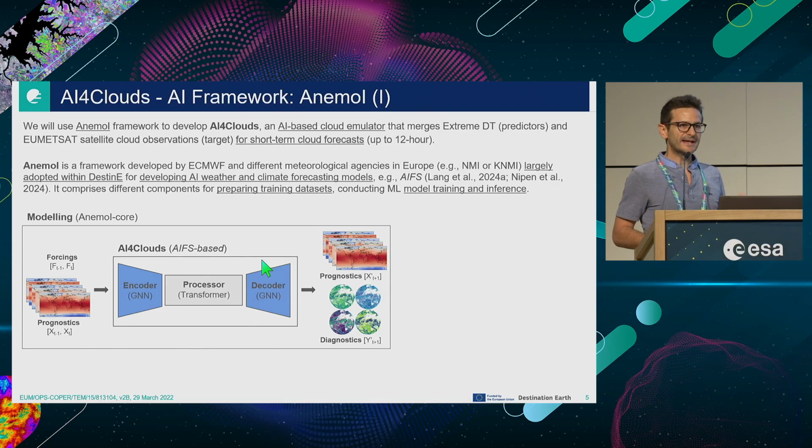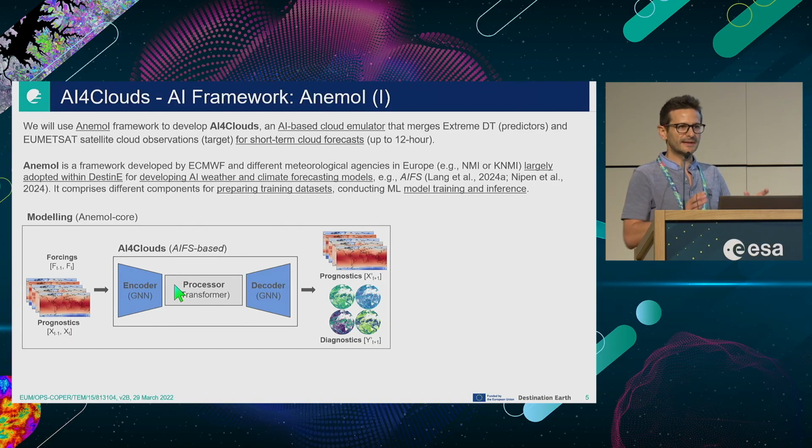How will AI for clouds look like? We will adopt the AIFS system. This is an encoder, processor, decoder architecture. As inputs, we will have some forcings, the day of the year, insolation, latitude, longitude coordinates, and so on, and some prognostic fields from Extreme DT: temperature, relative humidity, specific humidity, and so on.